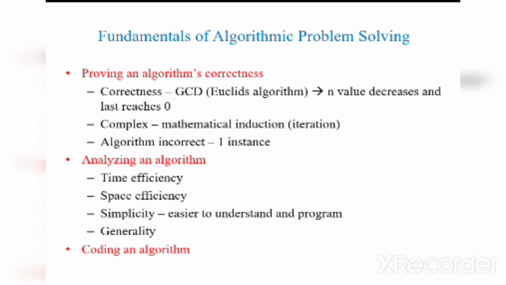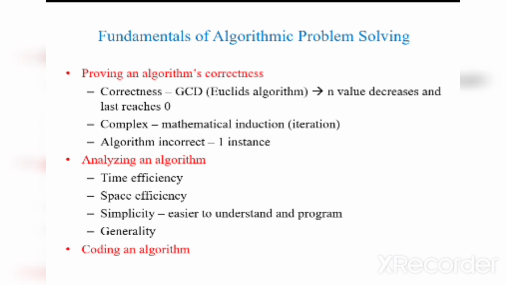So next one, proving an algorithm's correctness. Correctness is nothing but whether it works well and good for all the inputs and does not crash on giving the proper inputs. The next step is analyzing an algorithm. So at last we have to analyze whether our program or algorithm is time efficient, space efficient, simple and general.